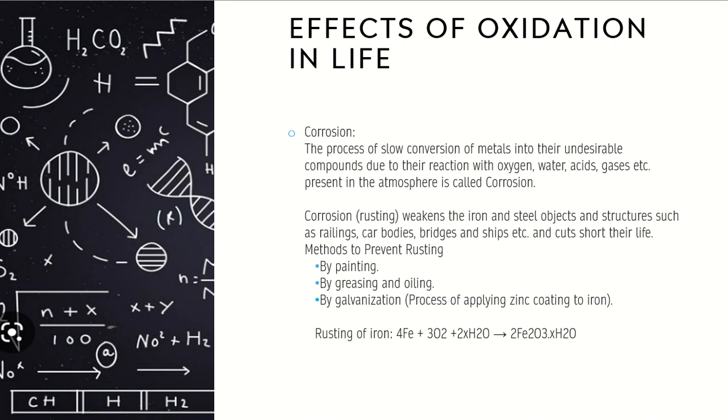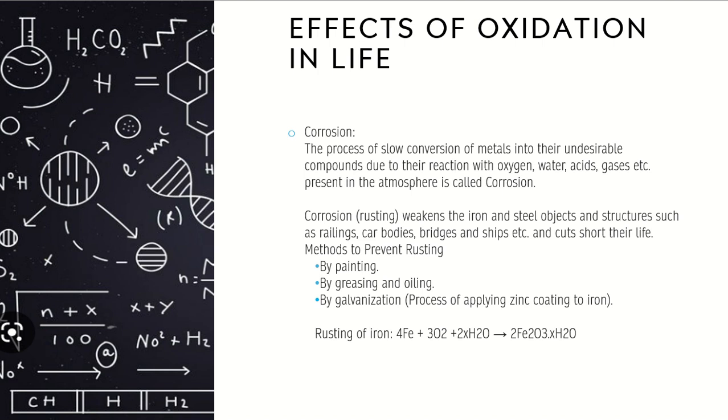Corrosion or rusting weakens the iron and steel objects and structures such as railings, car bodies, bridges, and ships, and cuts short their life. Now, the methods to prevent rusting are painting, greasing and oiling, and galvanization, meaning the process of applying zinc coating to iron.